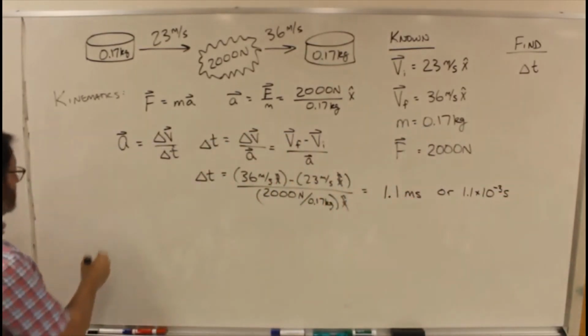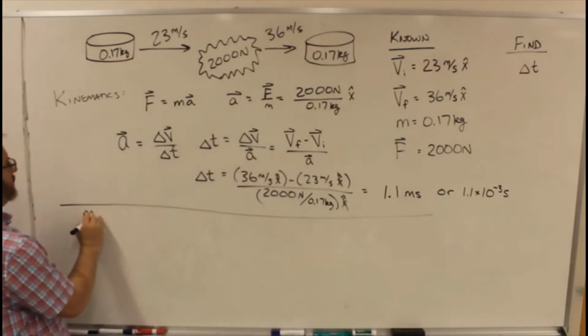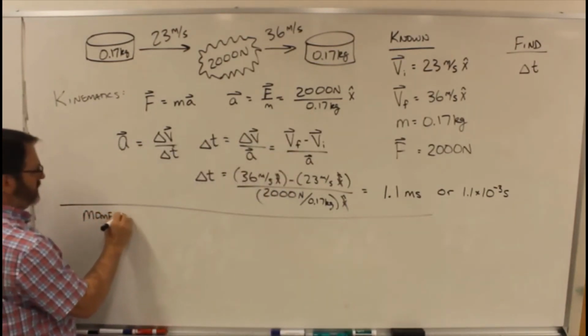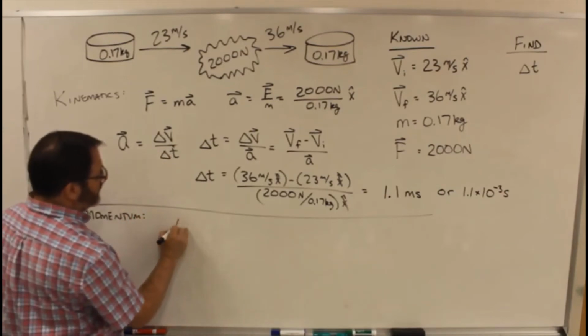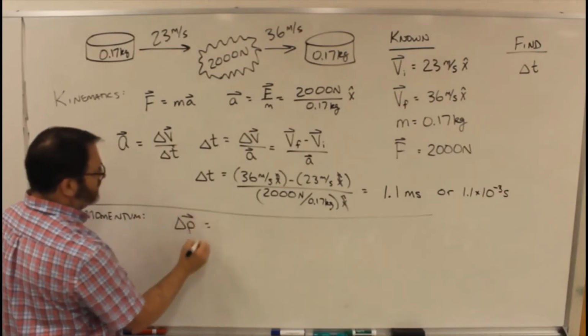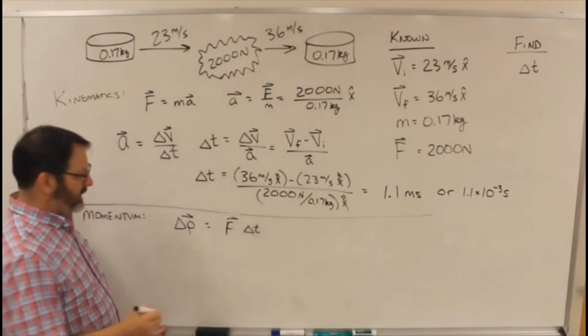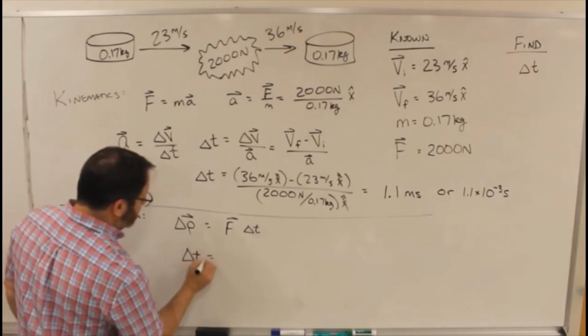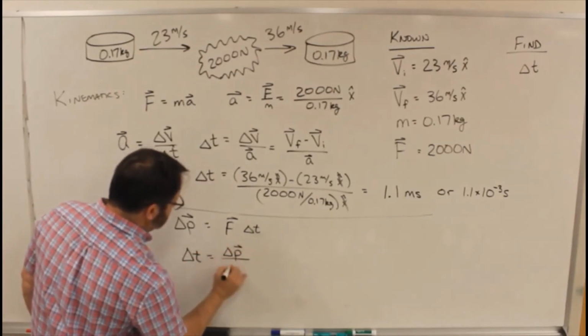So that's using kinematics. Now, let's try using momentum. Momentum says change in momentum is the force times the change in time. So change in time is change in momentum over the force.